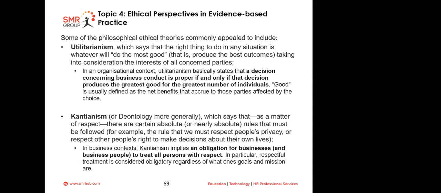So when we make a decision under the ambit of the Kantian rule, we must ensure that it is bringing greater good, and there is no tolerance to this. For example, people's privacy. There is no two ways around people's privacy or people's right to resign.